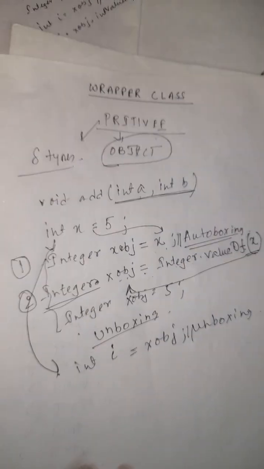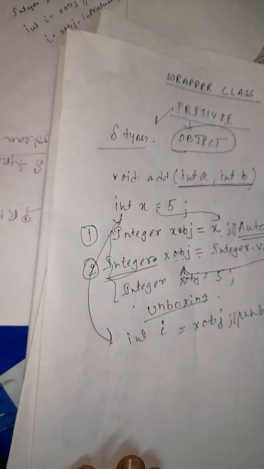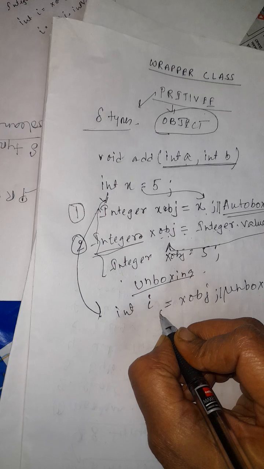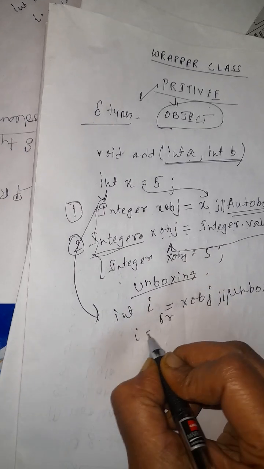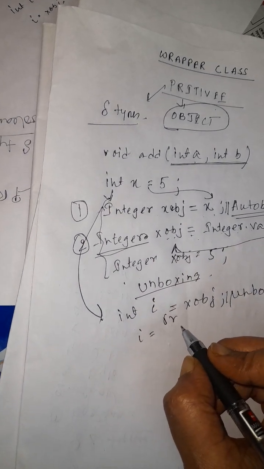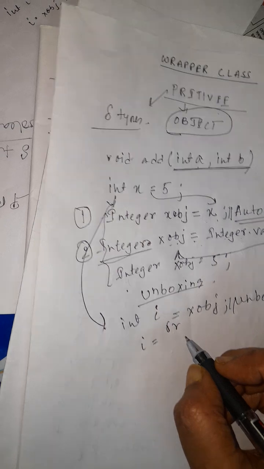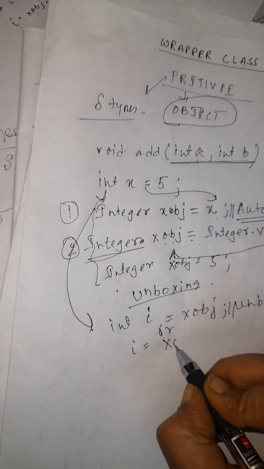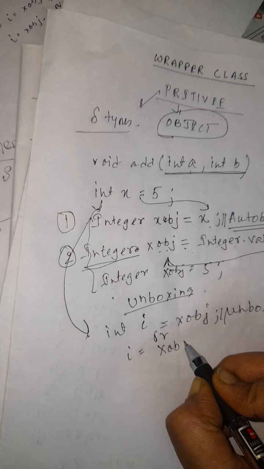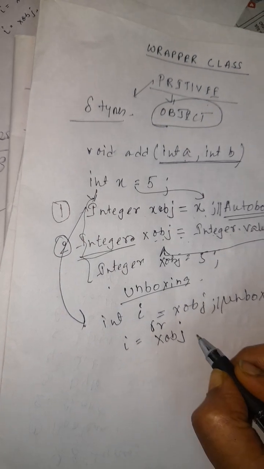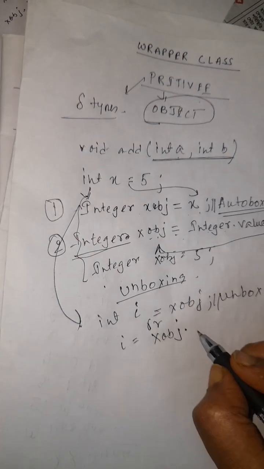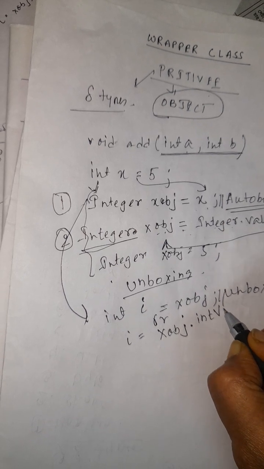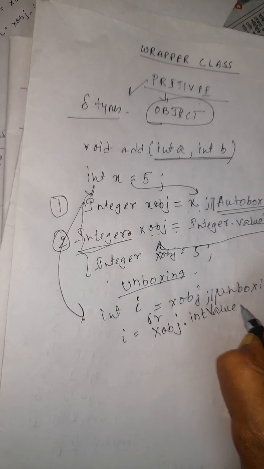This is one procedure, and for another procedure you can convert it something like this: i equal to, that object was xobj, dot intValue, if you want to convert it to int value.